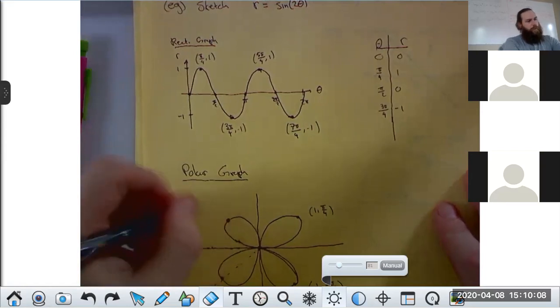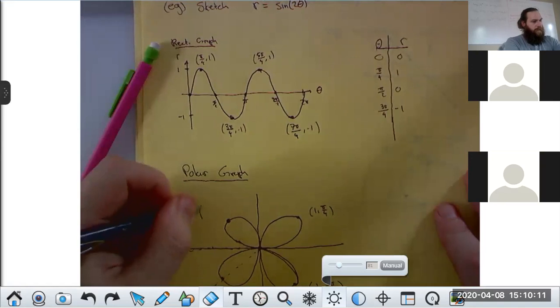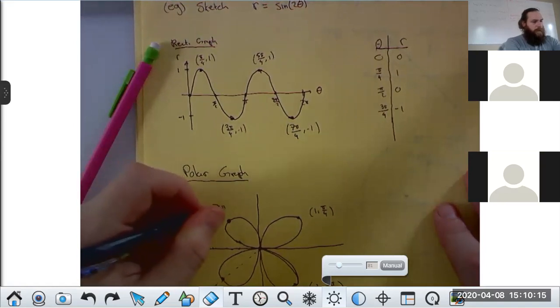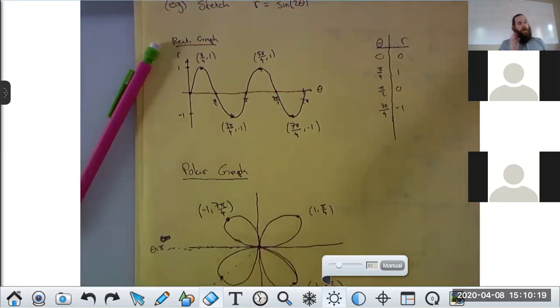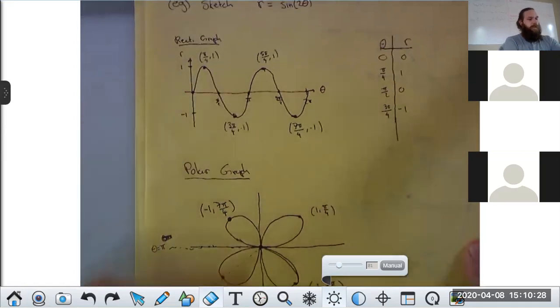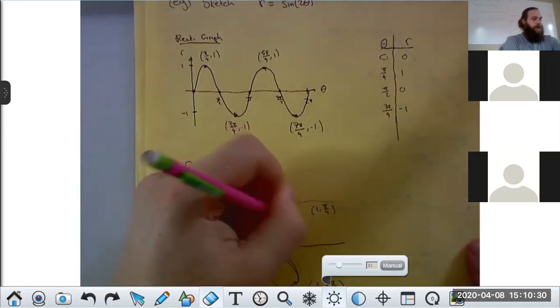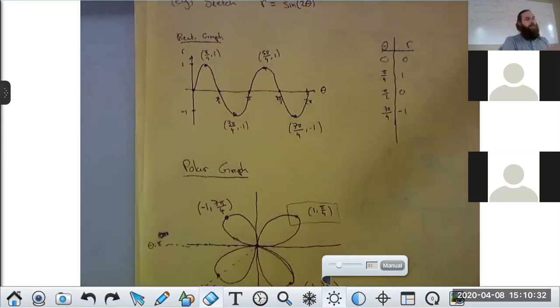And that will be the end of my graph. Now this polar point is -1, 7 pi over 4. A good check to see how comfy you are with this stuff is to look at this graph and make sure that these point labels all make sense to you. This one, I feel, should make good sense to everybody.